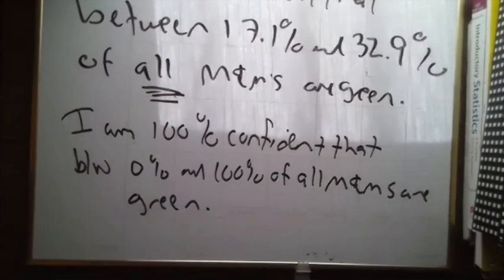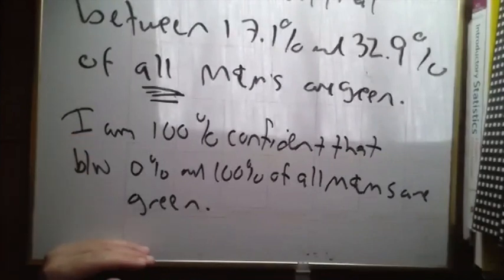I am 100% sure that the fraction of all M&Ms that are green lives someplace between 0 and 100%. Of course, you're not going to be able to prove me wrong on that. Nobody's getting a free A.